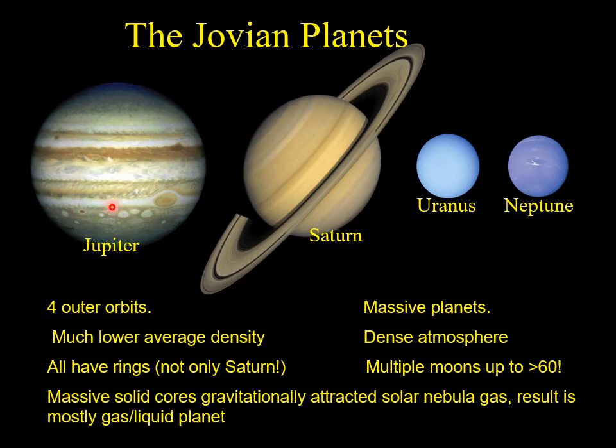It's not gas all the way to the center, and these massive solid cores were able to attract a lot of gas during the formation of our solar system, and they've been able to retain that gas. And it turns out that the gas in the atmosphere of these planets is very similar to the gas that makes up our sun.